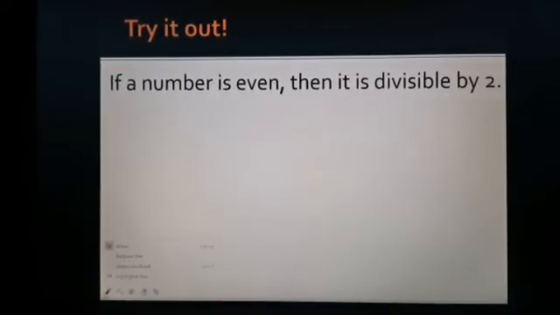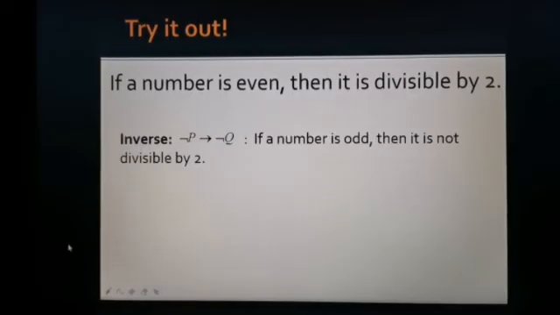Let's try first its inverse. So for the inverse part, you're going to negate both statements P and Q. And out of that one, from the statement, it becomes, if a number is odd, then it is not divisible by 2.